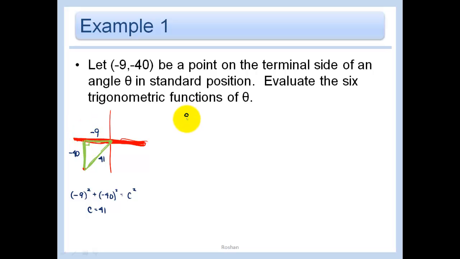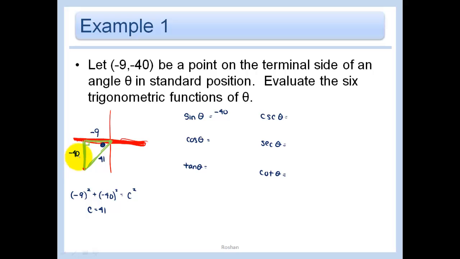So now I need to do the 6 trigonometric functions: sine, cosine, tangent, and then we'll flip them. This goes with the c, cosecant, secant, and cotangent. So sine is just, here's our angle. Remember, it always comes from the vertex. So we have opposite, which is -40.